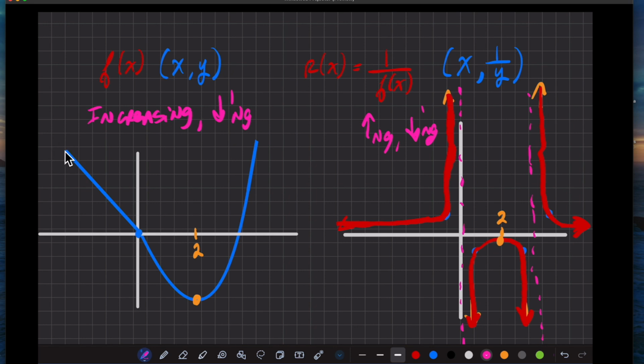Remember, when you look at a function and you're trying to determine is it increasing or decreasing, you ignore these arrows here. We know this function continues to go up in this direction. We know it goes up in this direction. We ignore those when we're figuring out increasing or decreasing. What we do is we simply go left to right and we evaluate what the y values are doing.